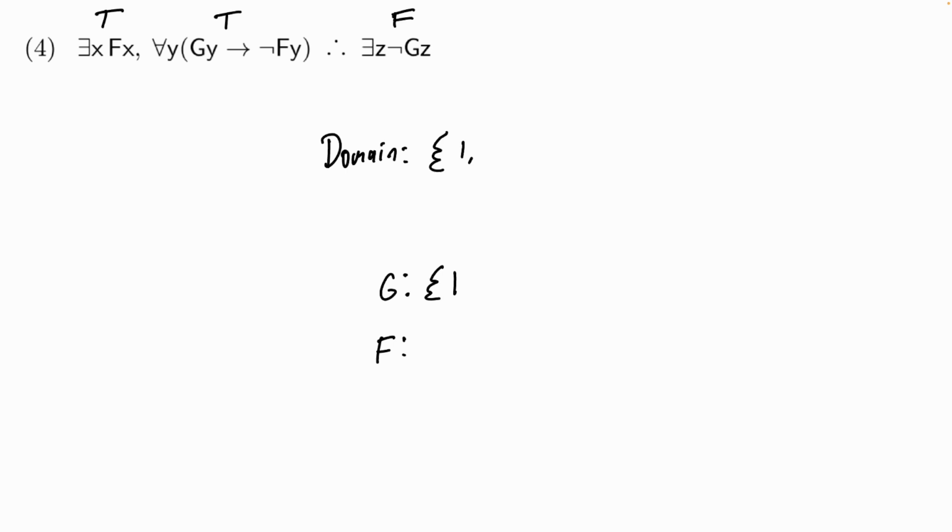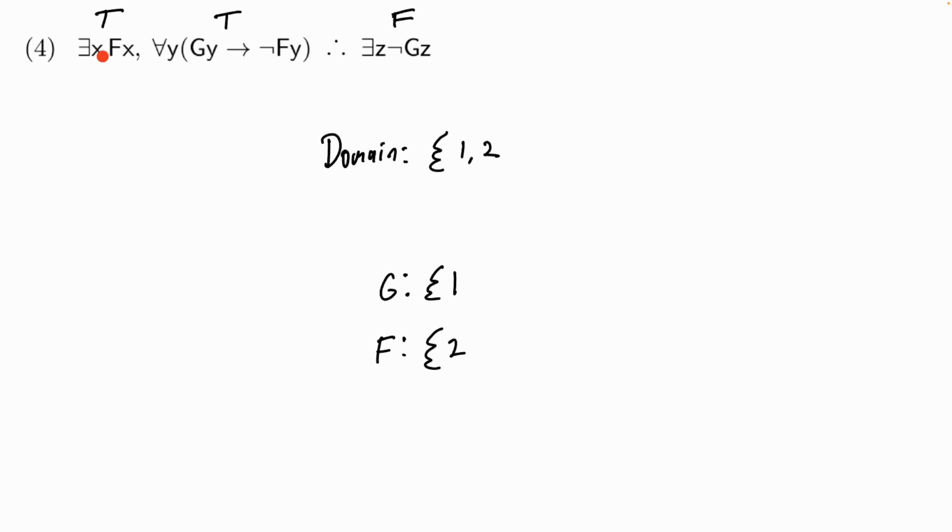So when we provide an extension for f, we need to make sure that 1 is not in there. And now to make this true, though, we have to put something in the extension of f. It can't be 1. Could we put, say, 2 in here? Could we add 2 to the domain and put 2 in the extension of f?